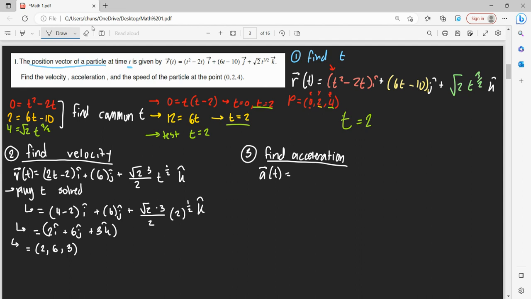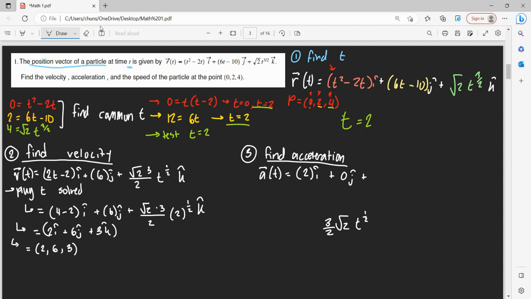So now we're going to derive each of these functions that we found. So that is 2i plus 0j plus, I'm going to write this out a bit better. So that's 3 over 2 square root of 2 times square root t, or t to the power, sorry, t to the power half.